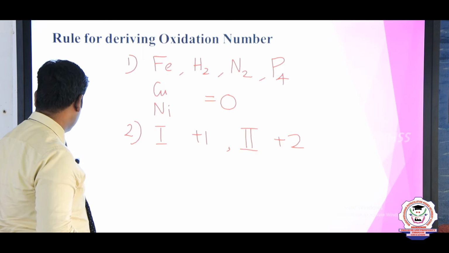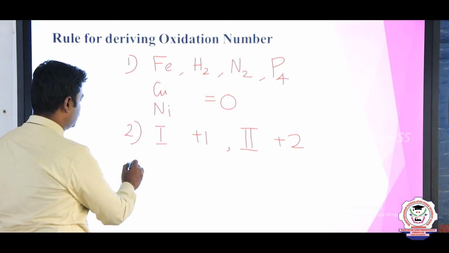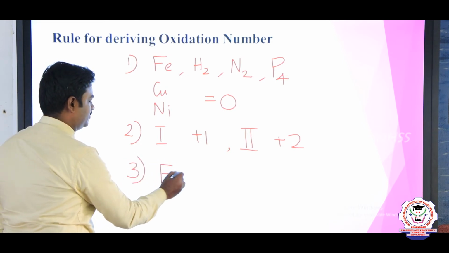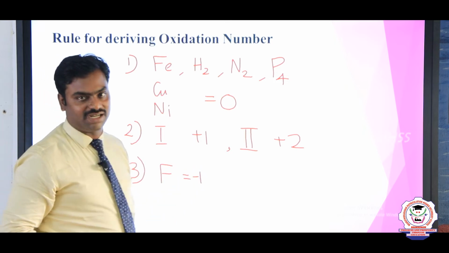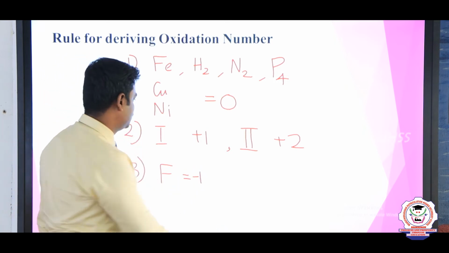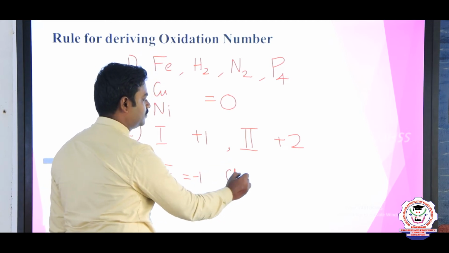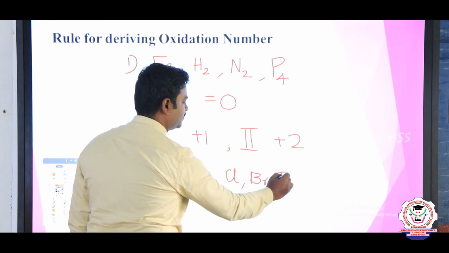And then what about the halogens? Third one, halogens. In halogens, fluorine is the only element which carries -1 charge. What about the other elements available in halogens? Chlorine, bromine, iodine.